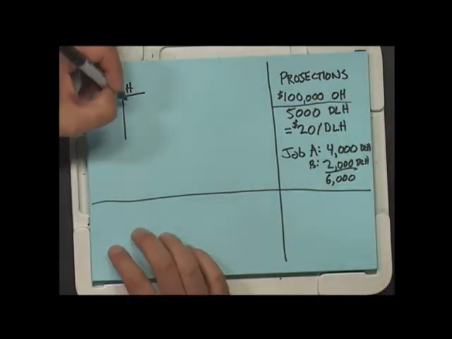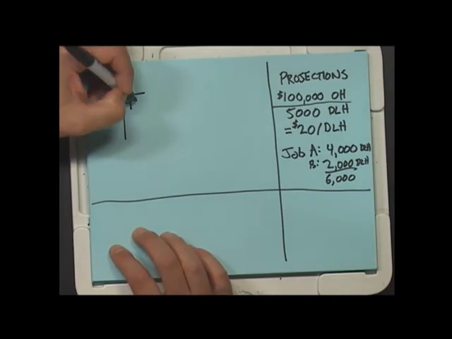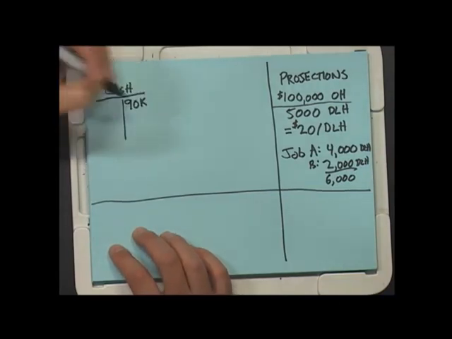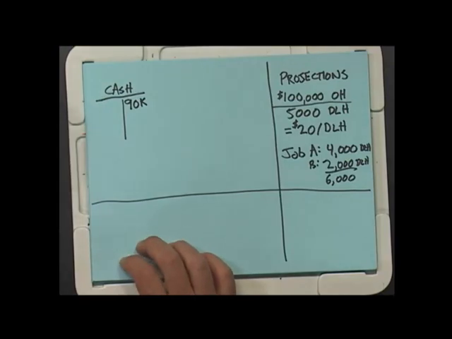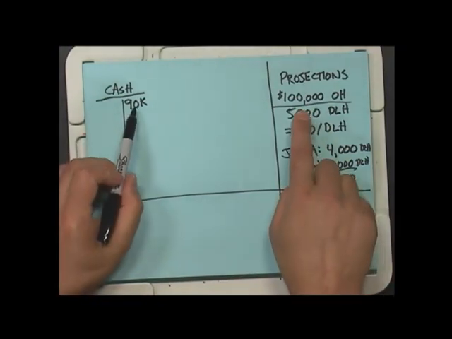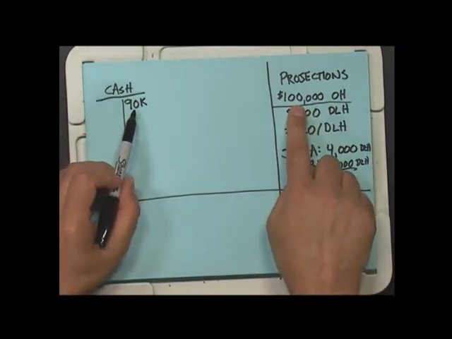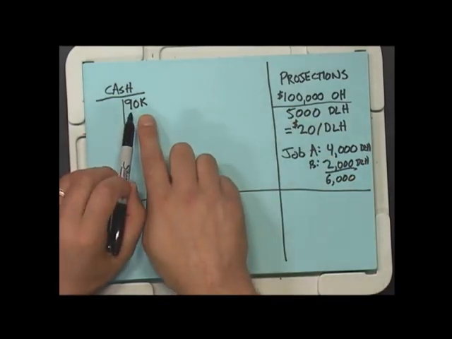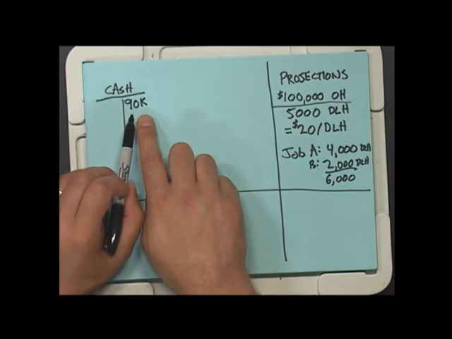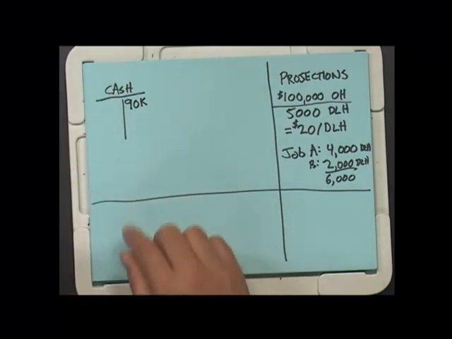And let's just assume that we have $90,000 of actual expenses. Now, that also didn't go exactly as projected. Okay? Again, what does? If you're wondering where the $90,000 came from, I just made it up. That's where it came from.